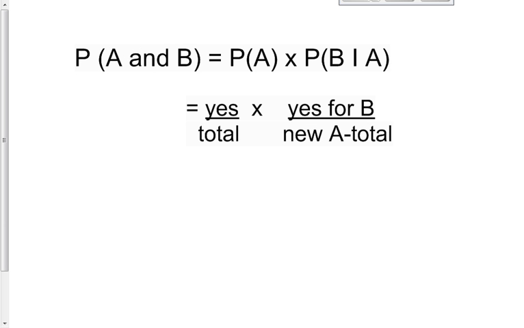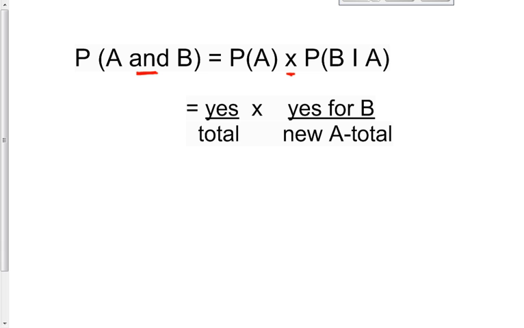Your formula for this dependent event is right here. P of A and B is equal to the probability of A times the probability that B will happen given that A has already occurred. The word and again means we need to multiply our two probabilities together.